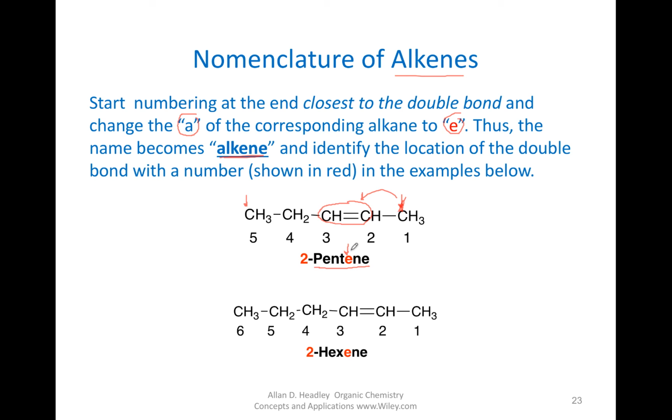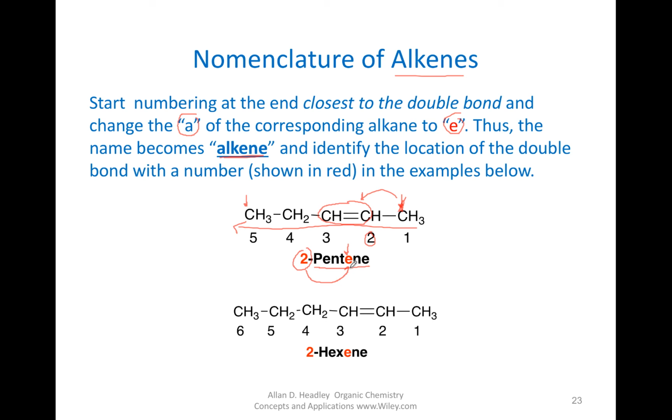It's an alkene. As you can imagine, the double bond could be anywhere in that pentene, but it's in position number 2 since we started numbering in that position. So this 2 tells us that it's an alkene and the double bond is on carbon number 2.